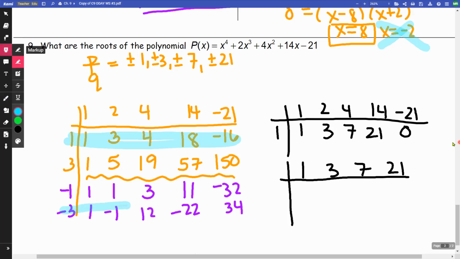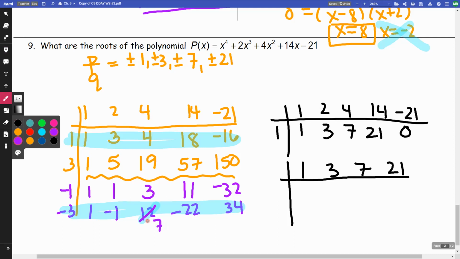And I noticed that here I made a mistake also. When I was doing -1 times -3 is 3, I added it to 4, which should have been 7. So that was a mistake right there. So that should have been a 7.